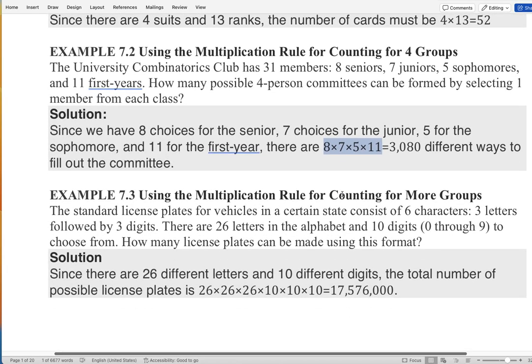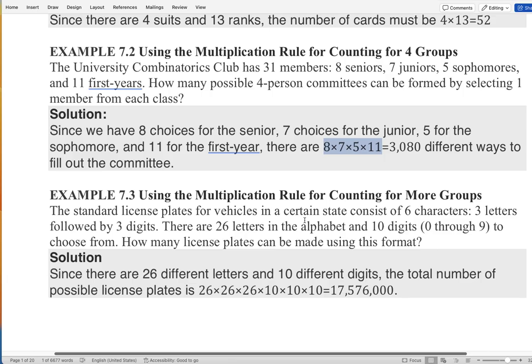One more example for the multiplication principle. This time, we are going to consider license plates. I don't know exactly which state this is. I think Ohio is a little different, but in a similar fashion, a license plate for a vehicle is formed by using three letters and three digits.